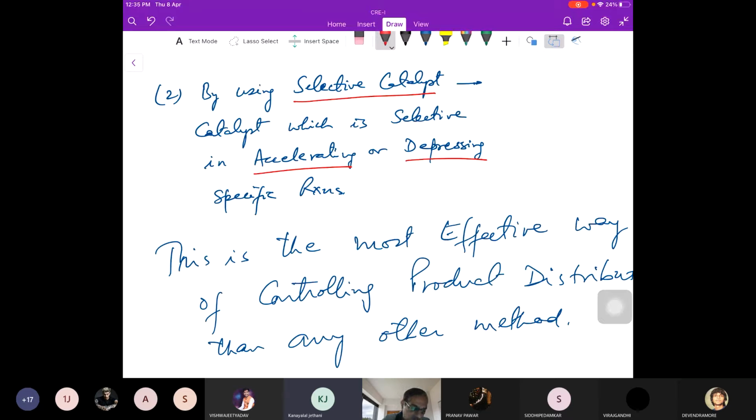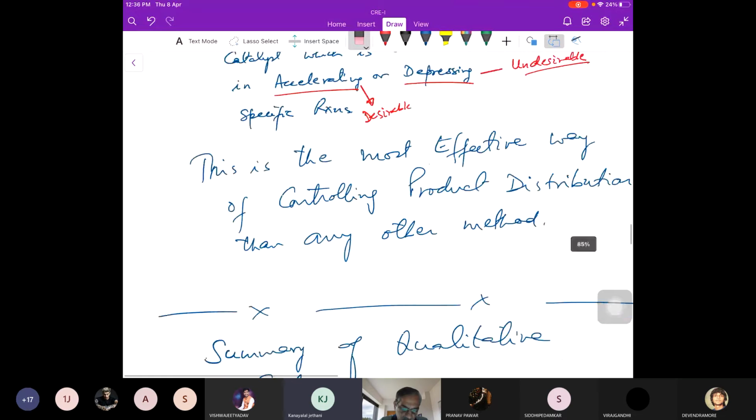Suppose this is essentially desirable के लिए रहेगा, so it should accelerate desirable and this should depress the undesirable reaction. ठीक है?